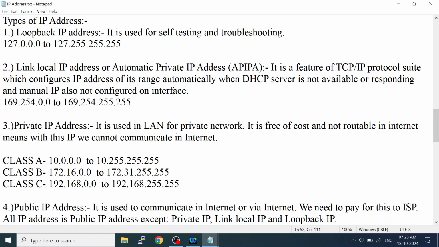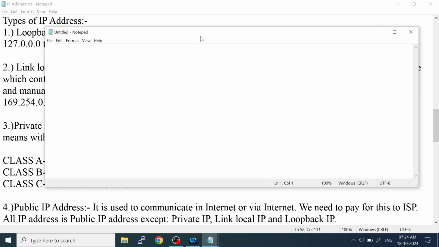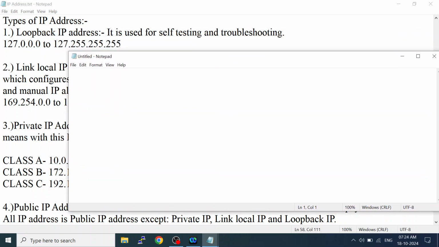So the range is 127.0.0.0 to 127.255.255.255, which means the complete network of class A is reserved for loopback. Now, where is it used?